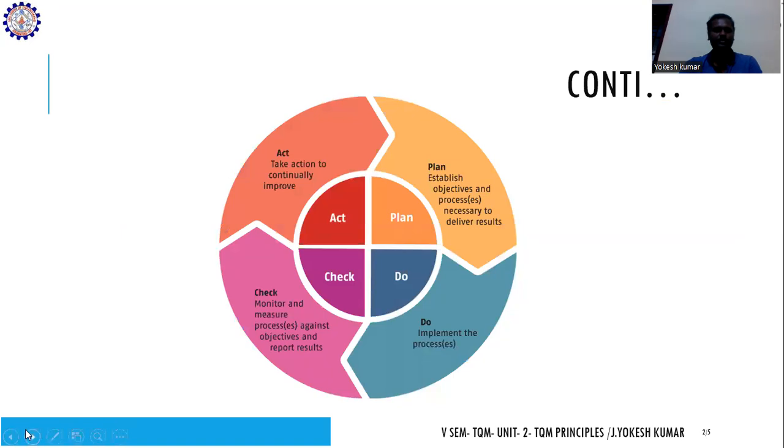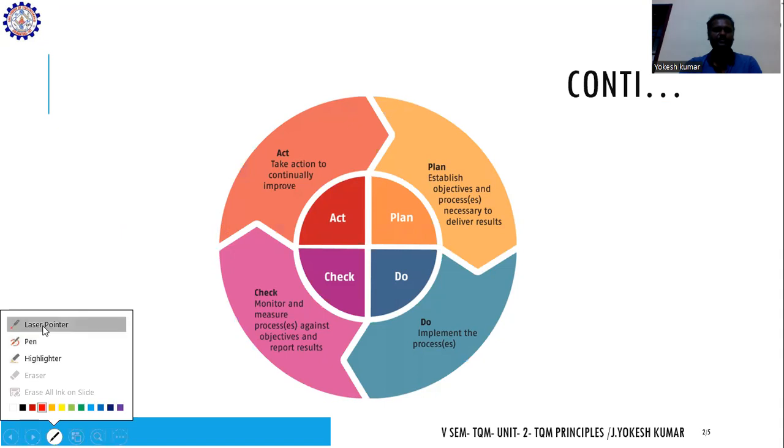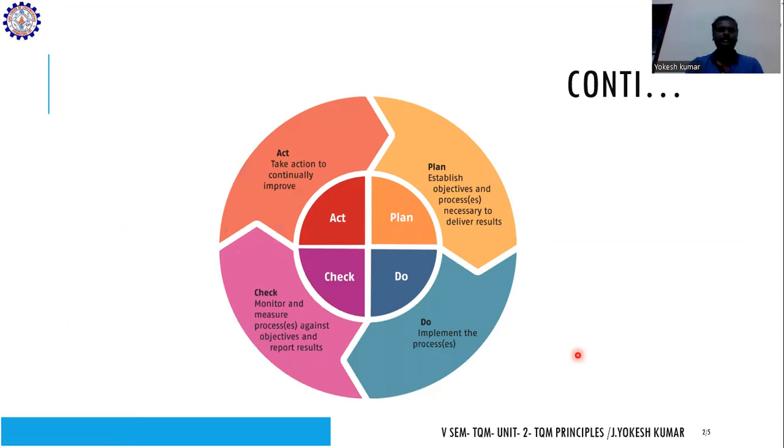Before going to discuss the case studies, let us have a brief look at the PDCA cycle, which we already discussed. The cycle is also called a Deming cycle because it was invented by Edward Deming in the year 1950. Before the invention of the PDCA cycle, the PDSA cycle, plan, do, study and act, was invented.